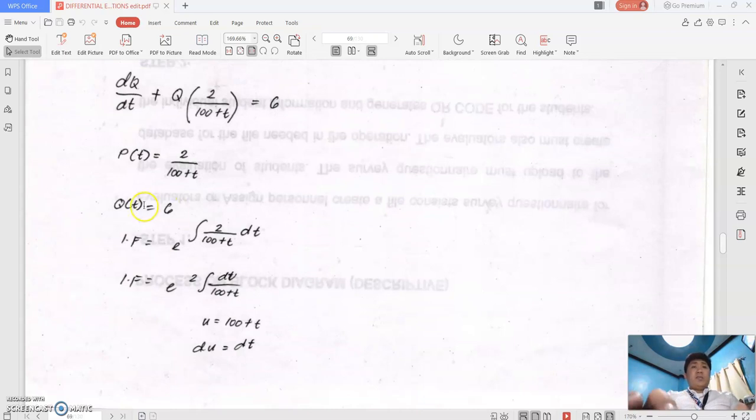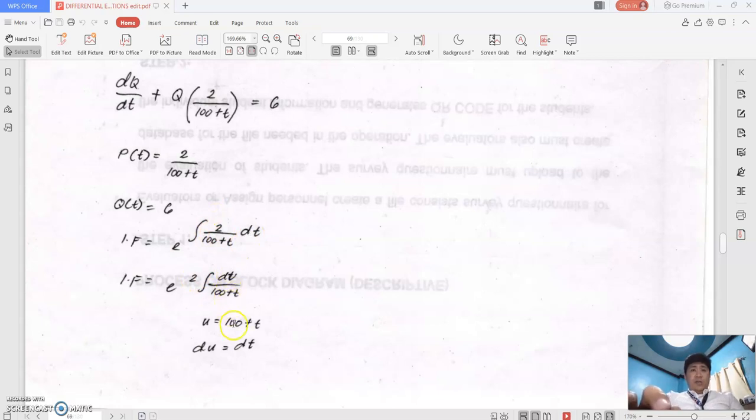After that, we already have P of t. We'll substitute that in our integrating factor solution. In getting the integrating factor, you have e raised to the power of the integral of P of t dt. Since our P of t is 2 over 100 plus t, we just substitute it here. After that, we integrate. Since this is a constant, we move it outside.